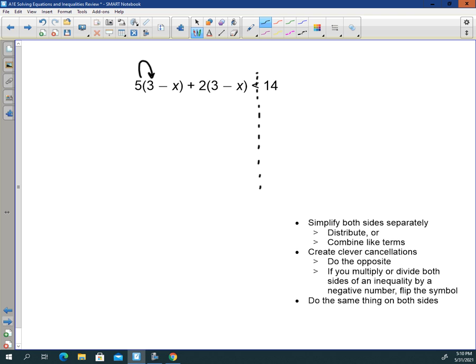And then I'm going to have 5 times negative x, or negative 5x. And then 2 times 3, or positive 6. And then 2 times negative x, or negative 2x, is less than 14.